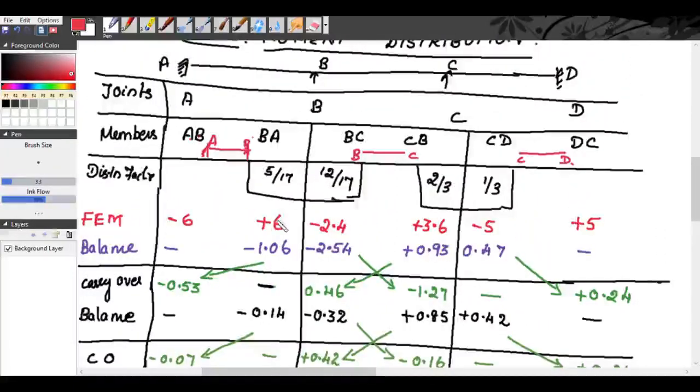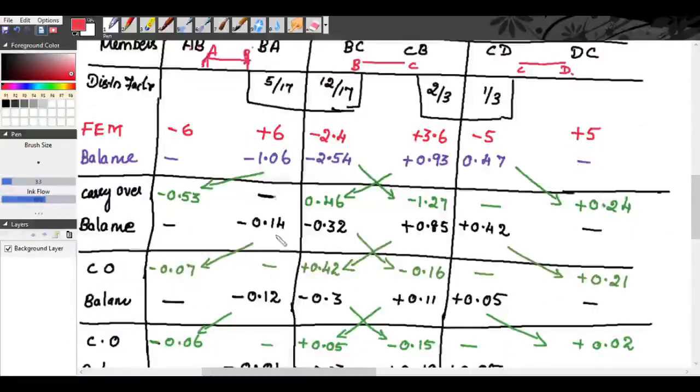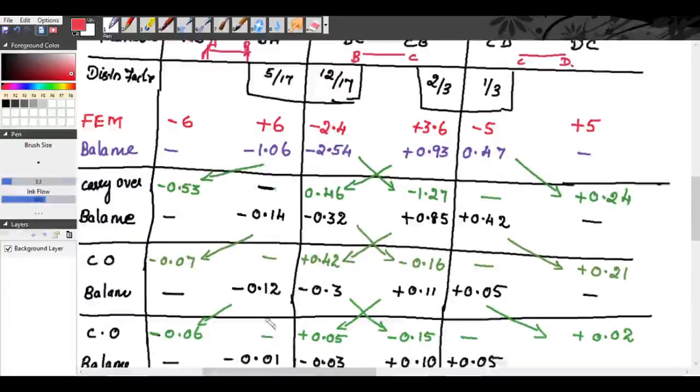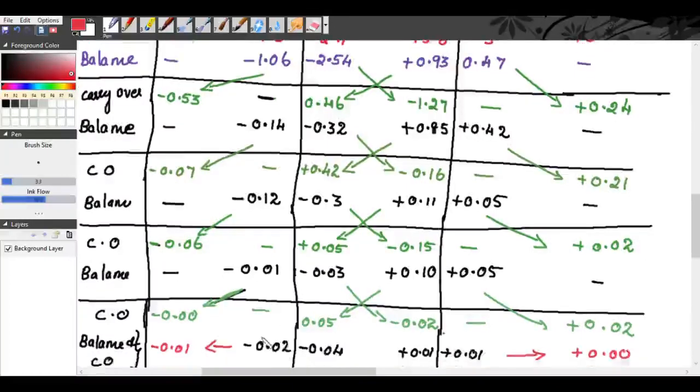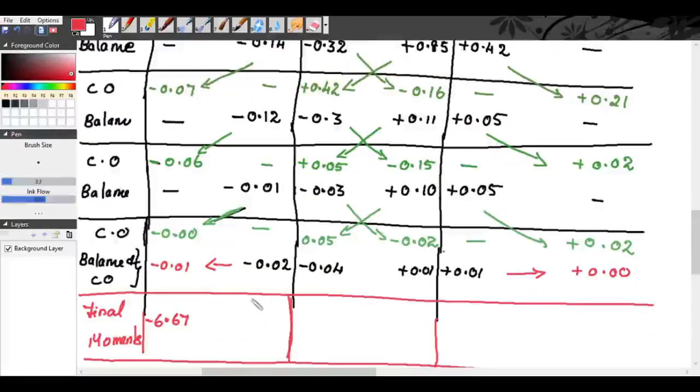Now, MBA will be plus 6, minus 1.06, minus 0.14, minus 0.12, minus 0.01, minus 0.02. You get 4.65.